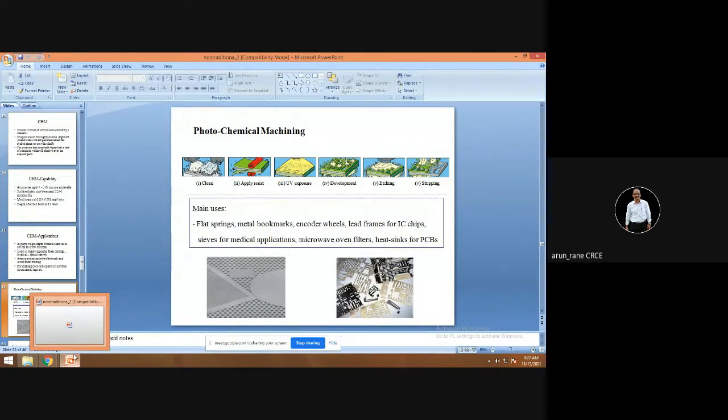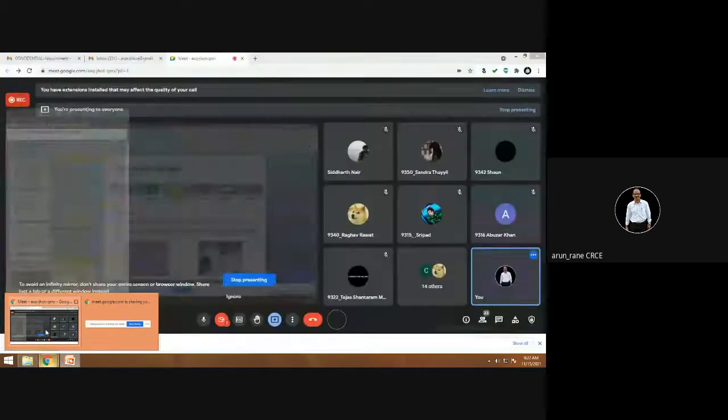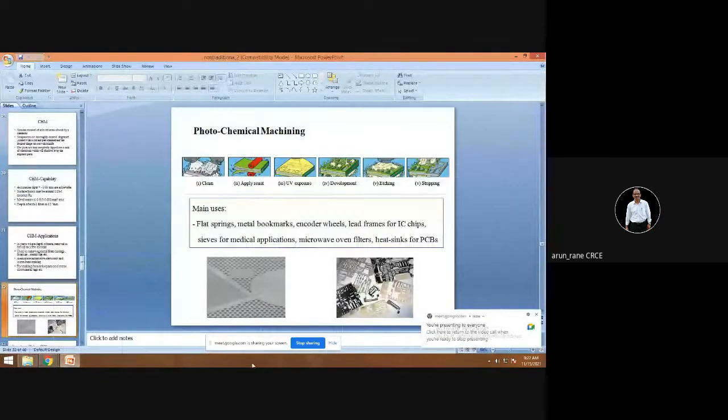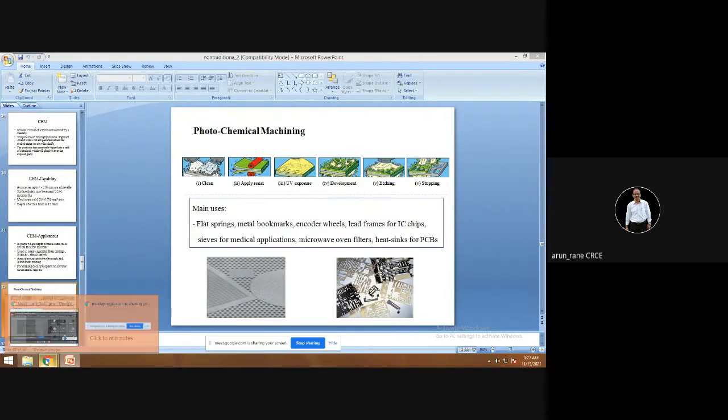That is what is called applying the resist. Then expose it to ultraviolet rays. And this is what is called the development. That is, wherever you don't want, that has to be masked and subjected to the ultraviolet rays.